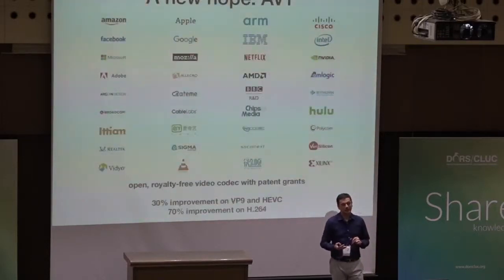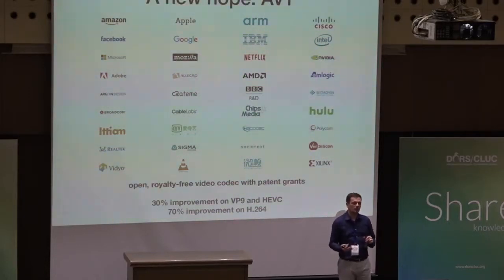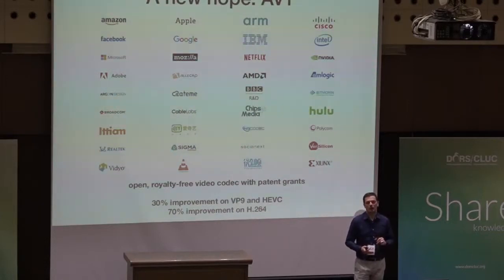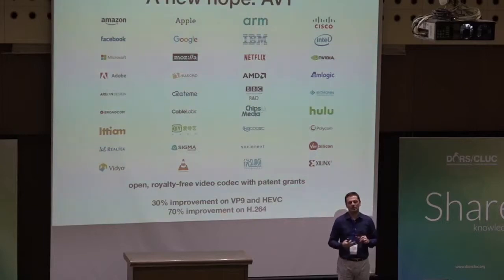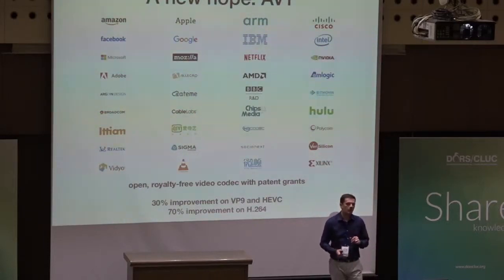Of course, the entire industry is aware that it's not an ideal situation. The entire internet is based upon open standards, and here we have a situation where 75% of this internet traffic is using something that's not as open. So a bunch of industry players have come together and are in the process of defining a new video codec called AV1.